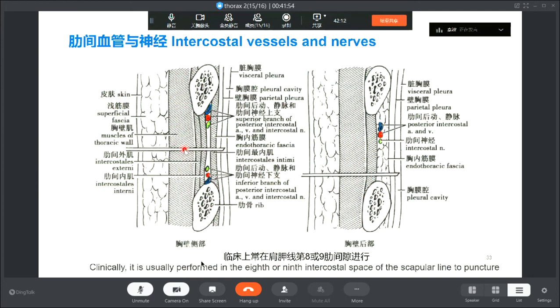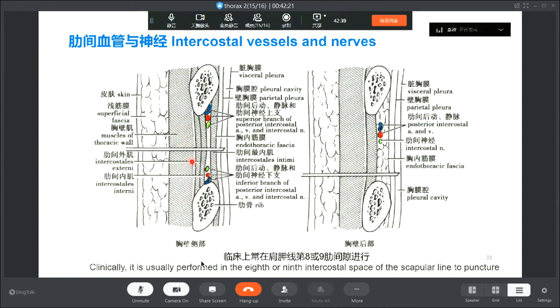When this needle goes through your thoracic wall, how many layers does it pass? The first layer is the skin, the second layer is the superficial fascia, and the fourth part is the muscle of the thoracic wall.